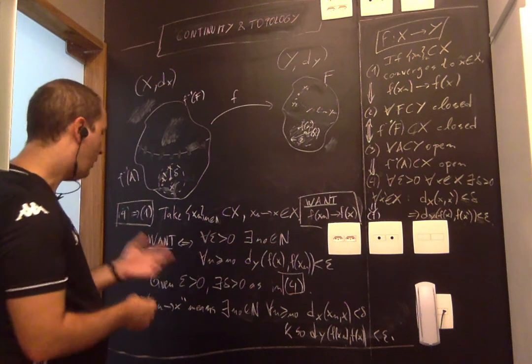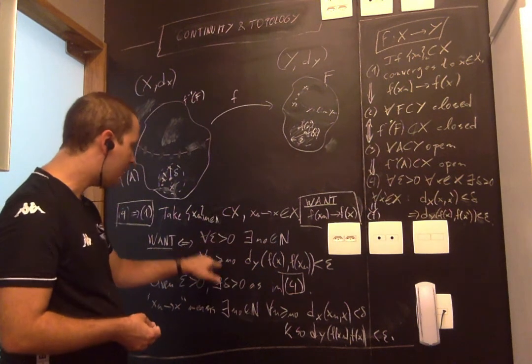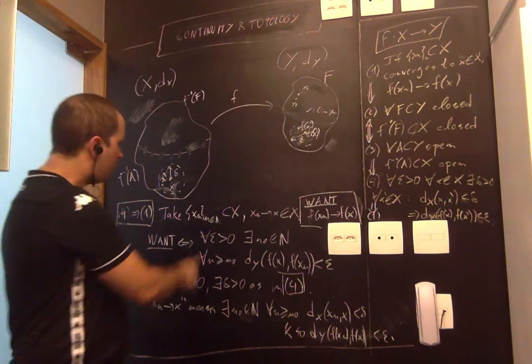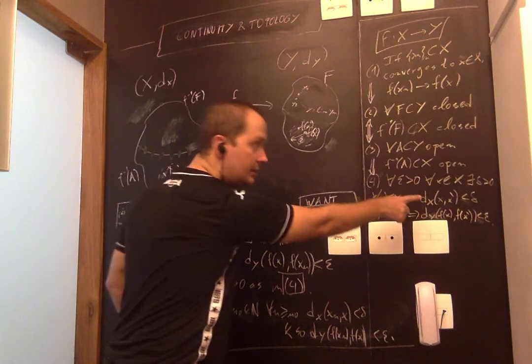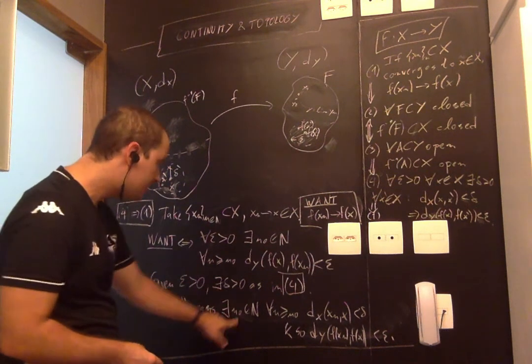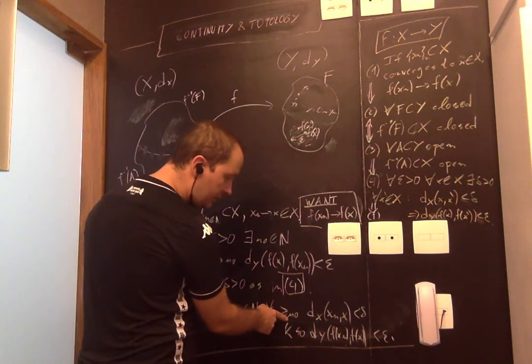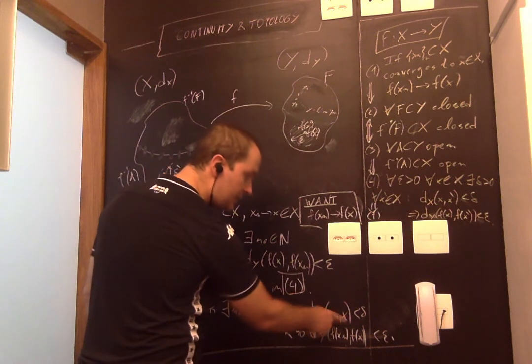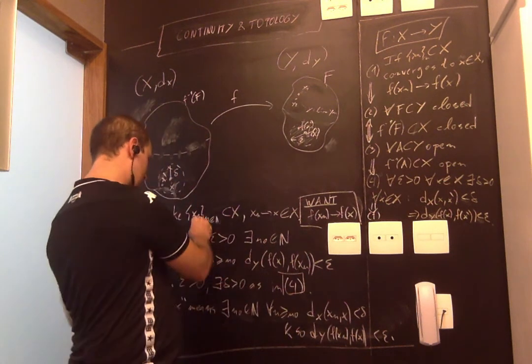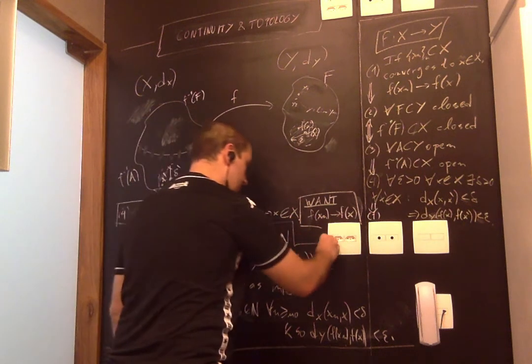So the question was, for each epsilon, how do you choose the n naught? The answer is this. For each epsilon, you first find the delta. From delta, you fix an n naught such that for all n greater than or equal to n naught, the distance between x sub n and x is less than delta. And that n naught is exactly the one you need.